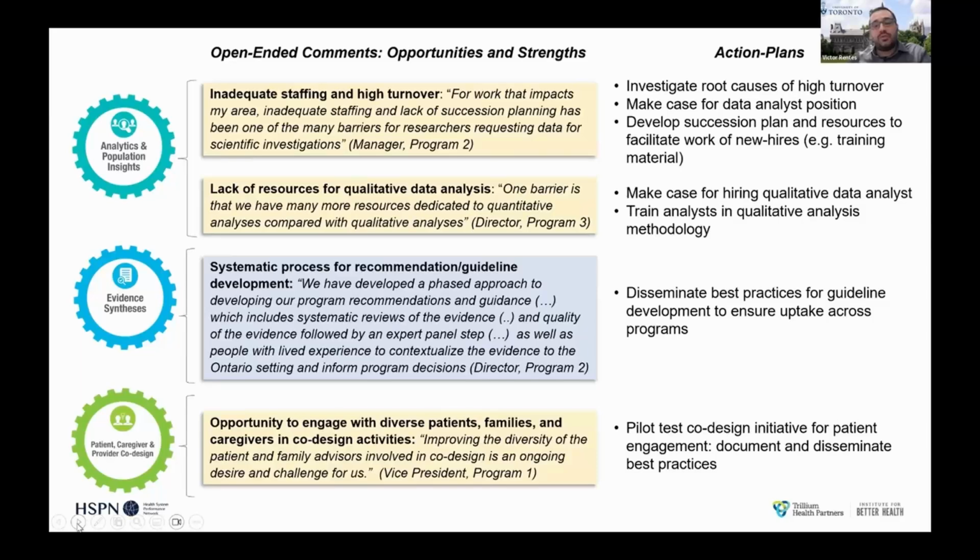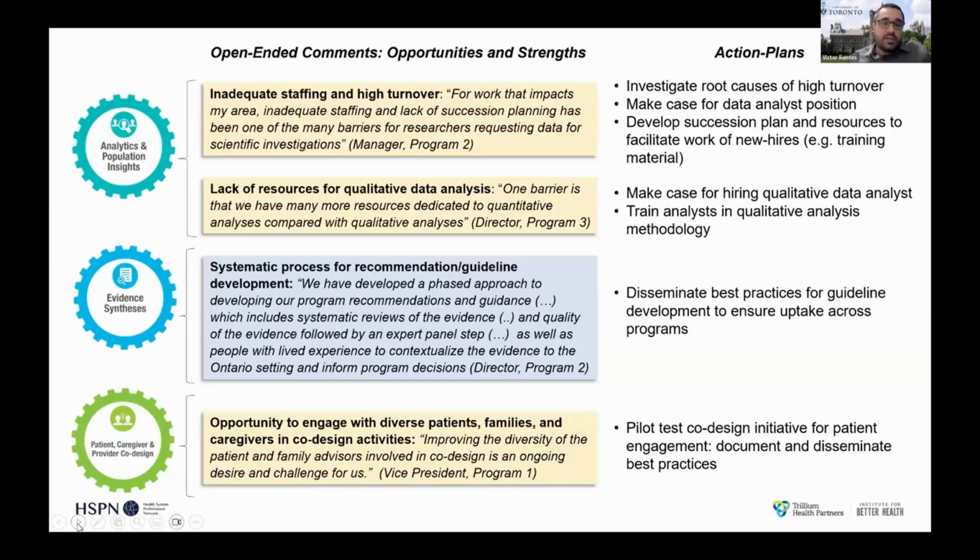In the tool, if you recall when I presented it, we allow for people to provide open-ended comments, so that people can provide statements and comments. For each one of the gears, we collect valuable statements that highlight some opportunities and strengths, which we can then translate into potential action plans that, as a team, we can then prioritize afterwards.